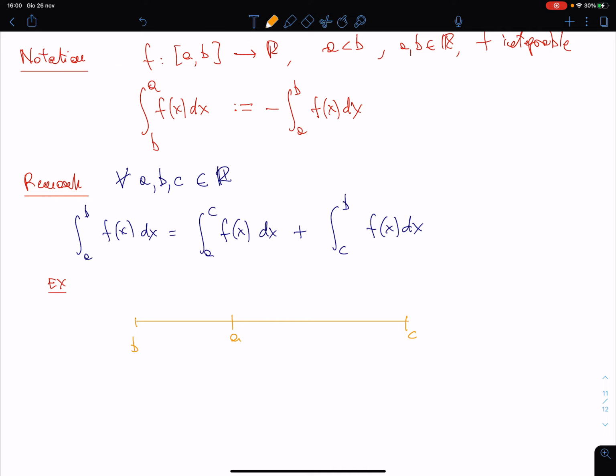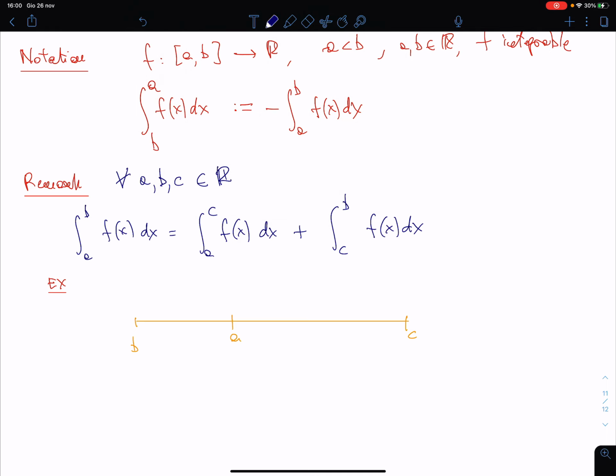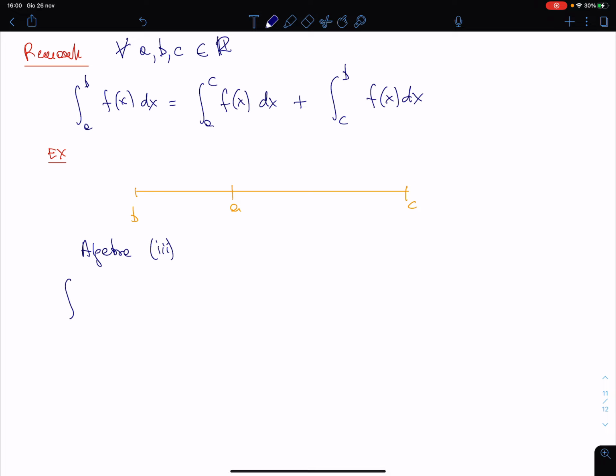So, from the third rule of the algebra, we know our starting point, we know that the integral between b and c of f of x dx is equal to the integral from b and a of f of x dx plus the integral from a to c of f of x dx. Okay?